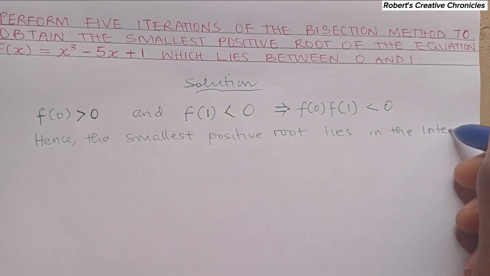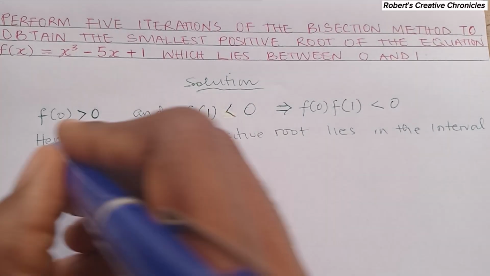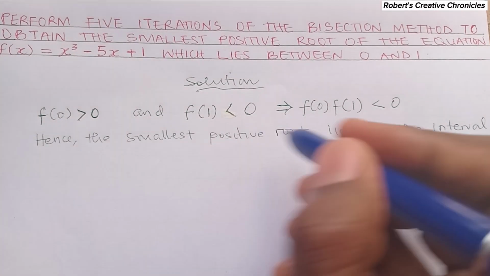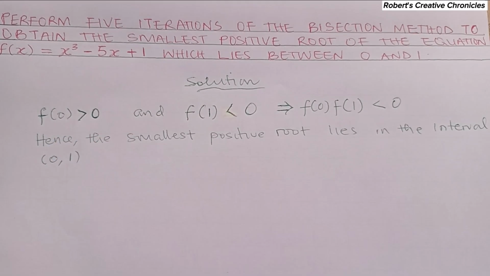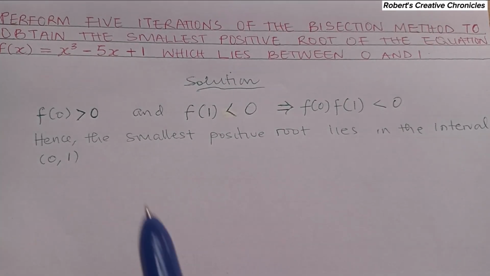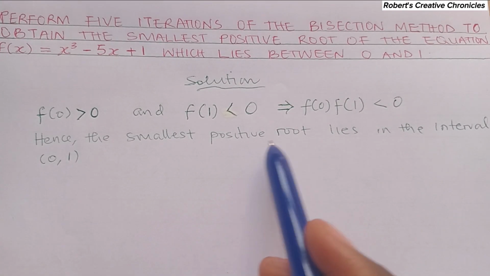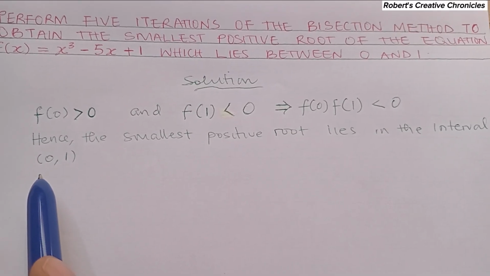The interval is what? 0 and 1. So hence the smallest positive root lies in this interval, 0 and 1.